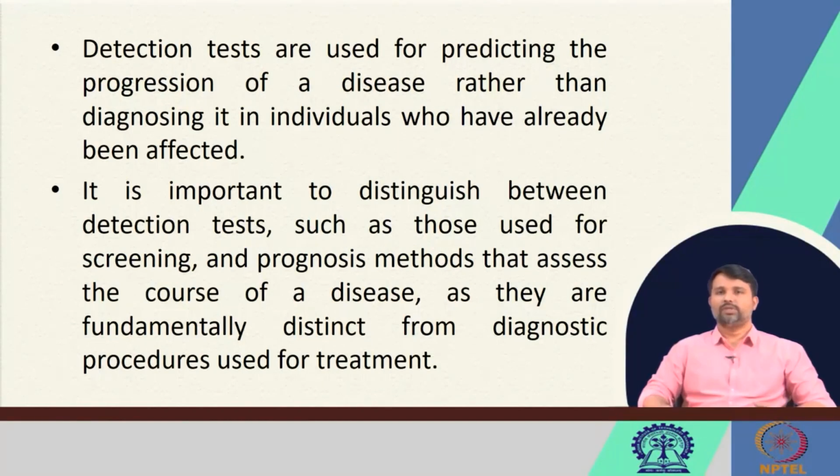So, a diagnostic procedure leads to the identification of a disease and helps the medical practitioner in making an informed choice as to the type of therapy that needs to be used to cure the disease. So, that is the purpose of a diagnostic procedure. What is excluded under Section 3 is diagnostic procedure and not normal detection tests.